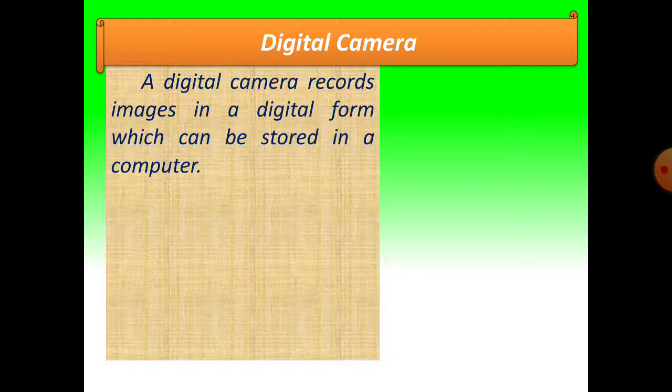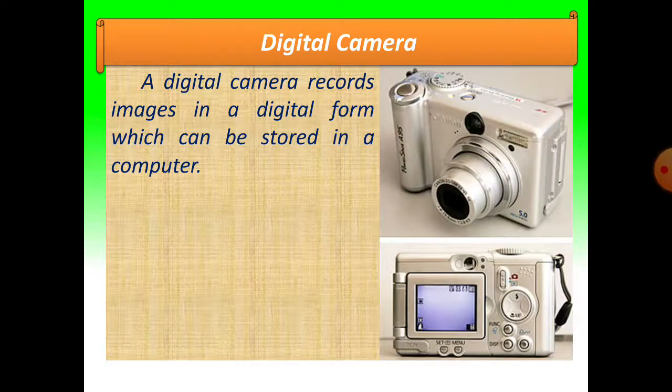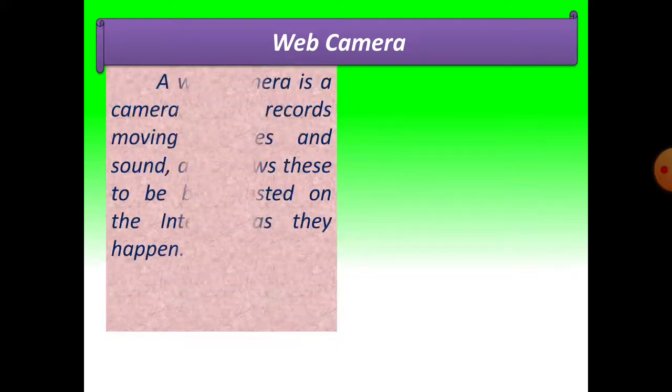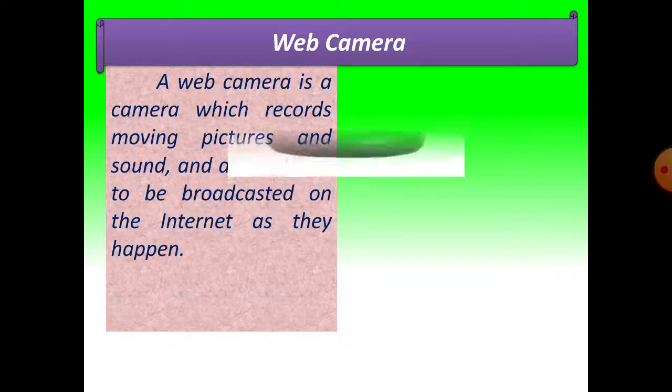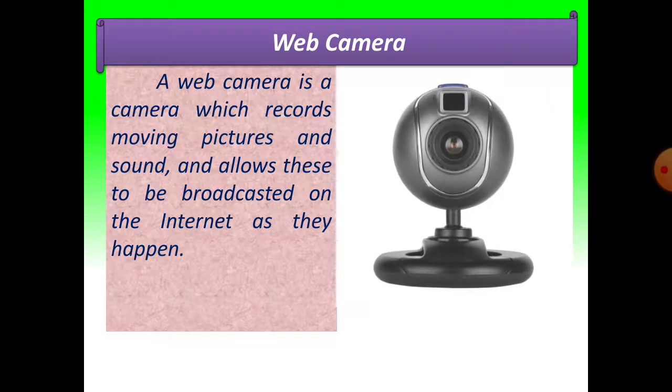A digital camera records images in a digital form which can be stored in a computer, and this is a digital camera. Next is web camera. A web camera is a camera which records moving pictures and sound and allows those to be broadcasted on the internet as they happen. And this is a web camera.